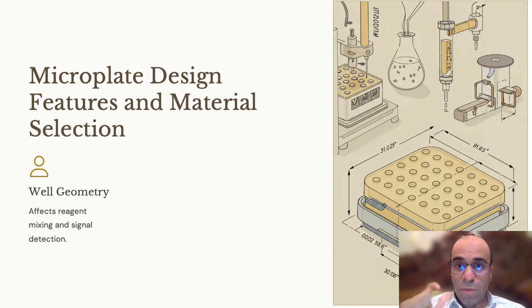Round wells promote uniform mixing, while flat bottom wells maximize optical path length for absorbance readings. V bottom wells enhance sample recovery and are ideal for precipitation assays. Well depth to width ratio influences evaporation rates and edge effects.